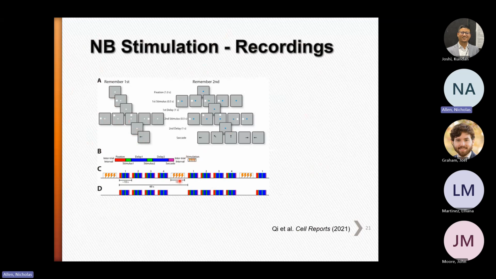stimulation did not have to be synchronized to any specific event during the task. It's obviously going to be impossible if we do that in humans down the road. We have a therapy basically that's going to improve cognitive function without having to turn it on and off precisely when you start thinking about something.